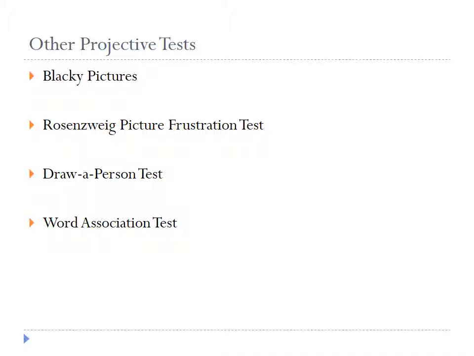And the word association test. We did the word association test at the beginning of the semester, where I gave you a word and you were to respond with the first word that came to your mind. And we scored these by looking at whether clients' responses reflected representation, a definition, a predicate, or an opposite.